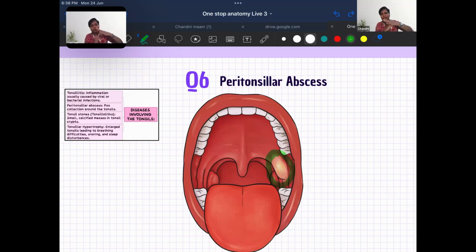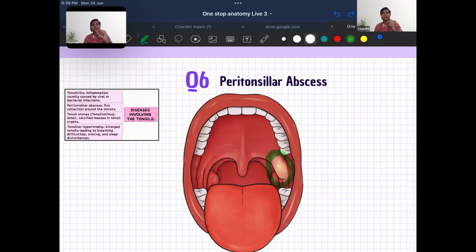This is a general rule for anywhere: when pus, a lump or a growth accumulates in a place where there is a lot of pressure or tension, it pushes and stretches that area, which causes a lot of pain.